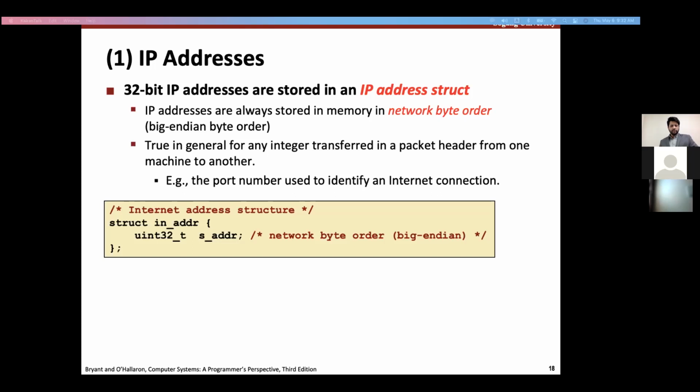Network byte order uses big endian byte order, which means you encode the most significant byte first and then move in descending order from higher to lower. That's called big endian byte order. This is true in general for any integer transferred in a packet header from one machine to another.